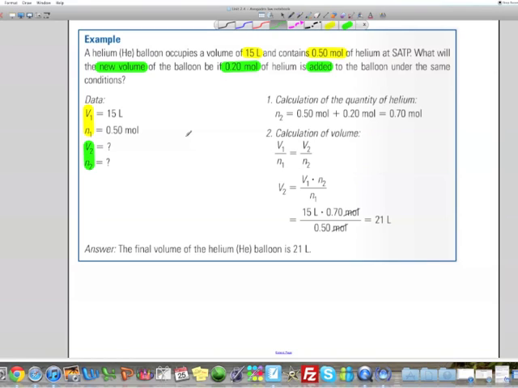So here we would have 0.7 mole, and originally we have 0.5 mole. We have an original volume of 15. We're looking for the final volume. So we just replace in this equation and we solve. It gives us 21 liters.